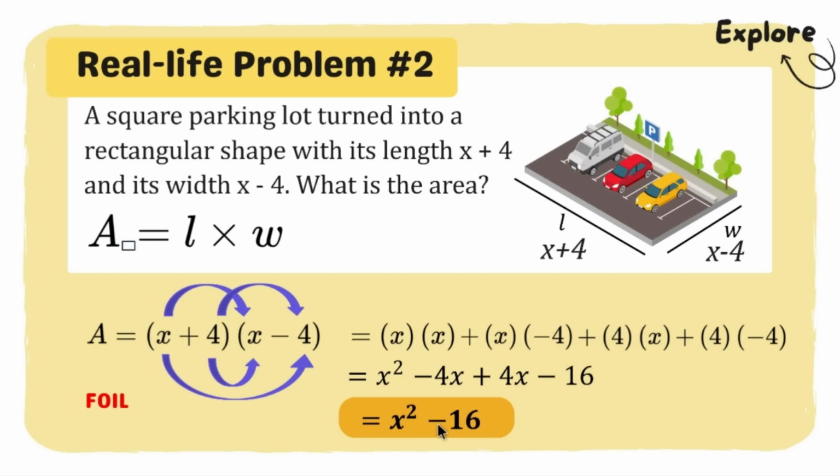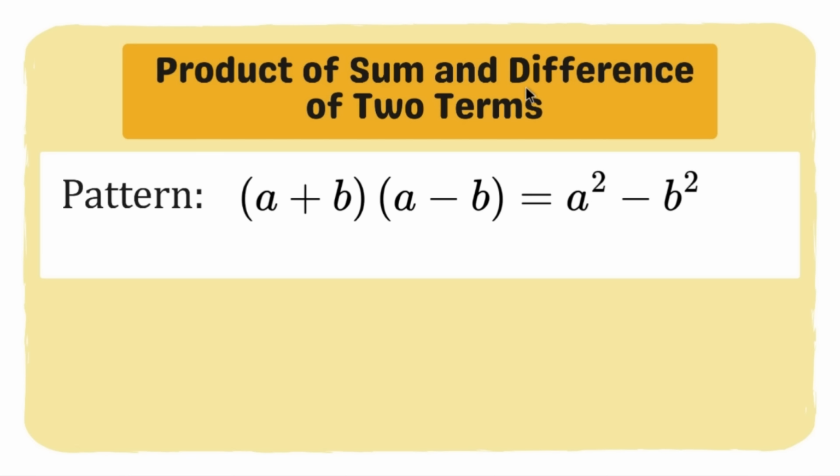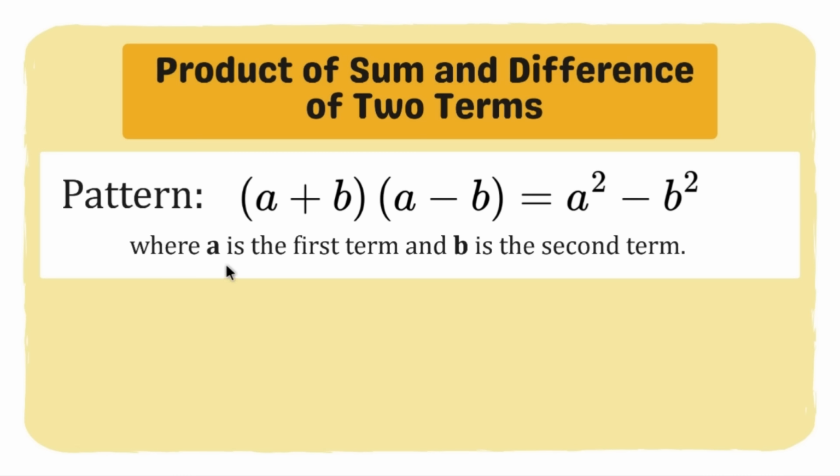Okay? So ito na po yung tinatawag nating product of sum and difference of two terms. Why sum and difference? We have here a sum. And then why difference? Meron po tayong subtraction dito. So sum and difference of two terms. So the pattern is a plus b times a minus b is equal to a squared minus b squared, where a is the first term and b is the second term.